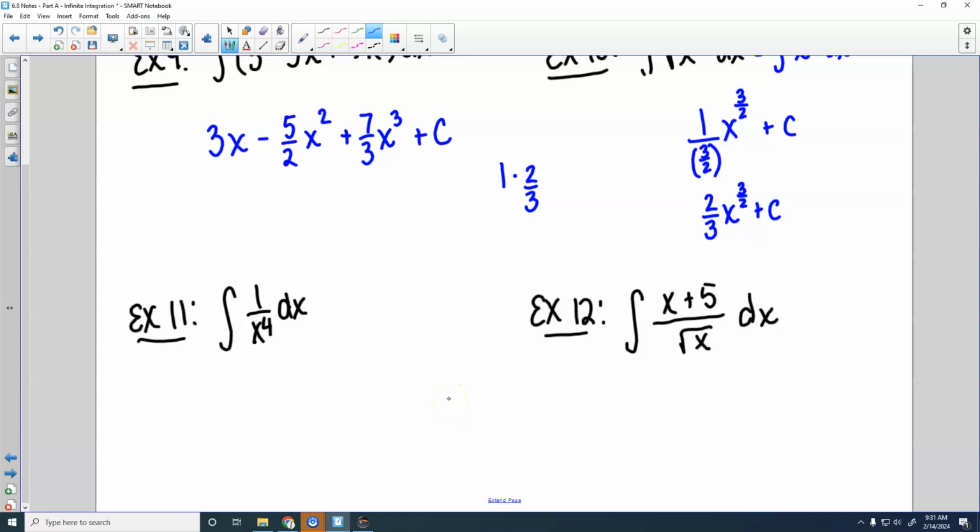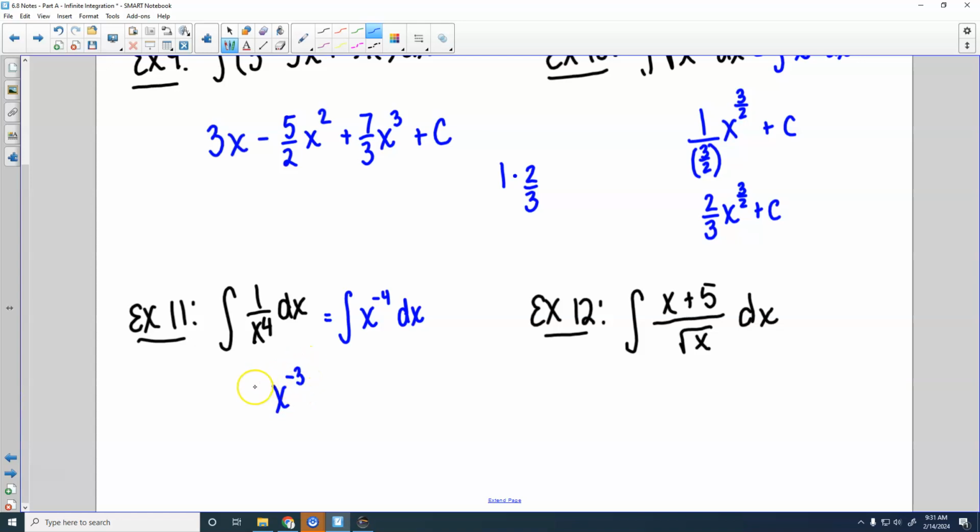All right, let's see. Bo, what about number 11? What are we going to have to do to number 11? What I would do for this one is change it to x to the -4 power first. So we will have an x to the -3 because we add 1 to -4.